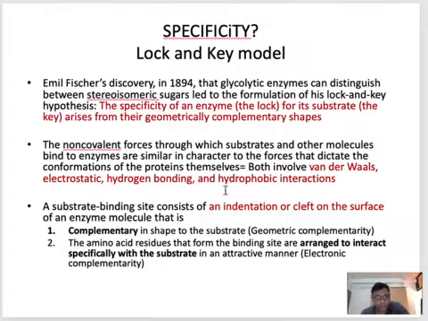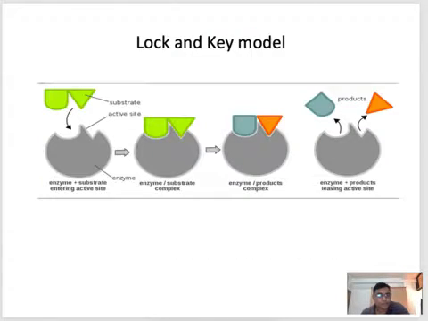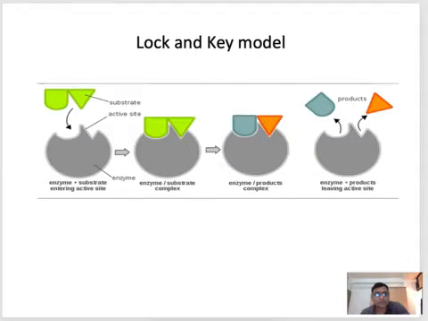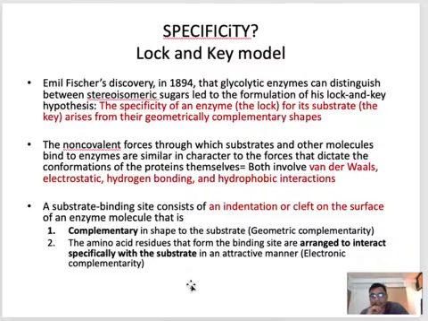A substrate binding site in the enzyme consists of an indentation or cleft on the surface of an enzyme molecule. If you look back at the figure, this is the substrate binding site. It's an indent, right, or cleft. And these substrate binding sites have some characteristics.